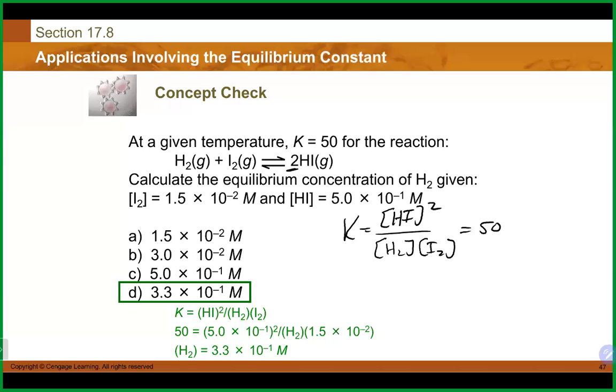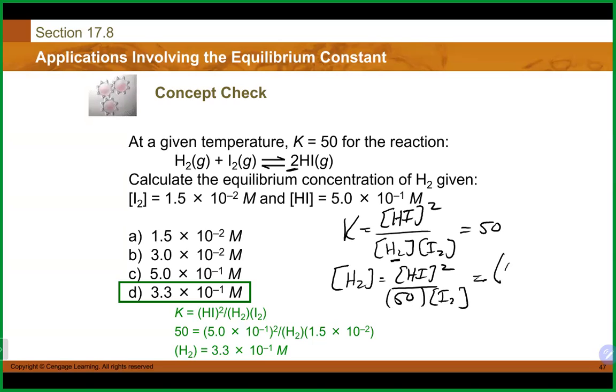In this particular case, we're looking for the equilibrium concentration of H2. So if we rearrange this, H2 would equal HI squared, divided by 50, which is our equilibrium constant, and our I2. So we do have the values of everybody else, so we can put them in there.